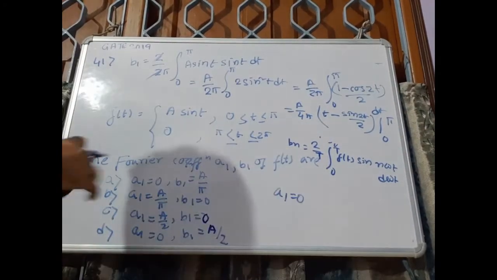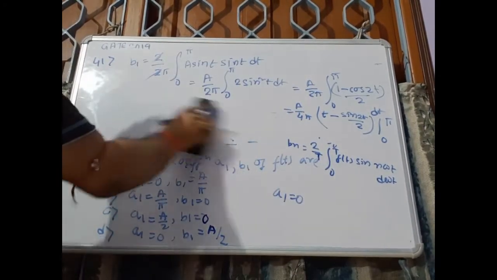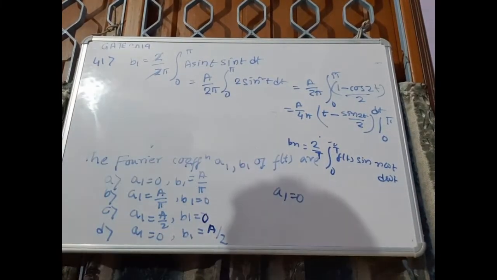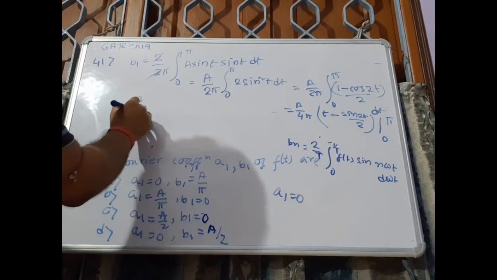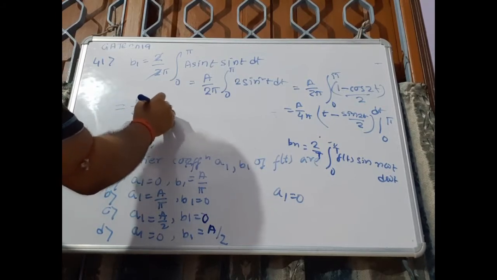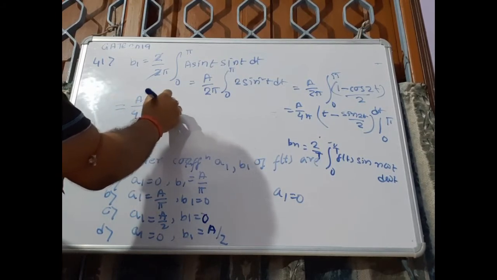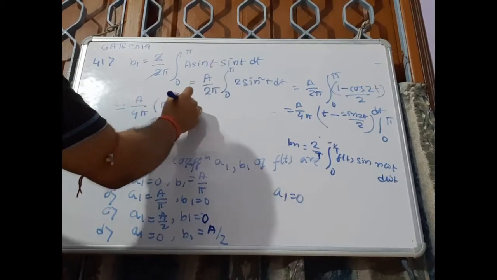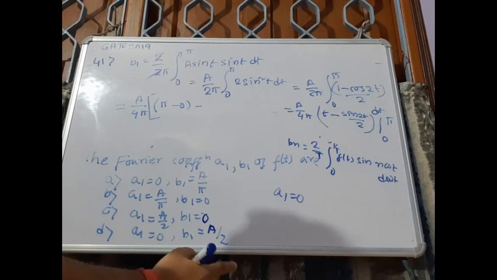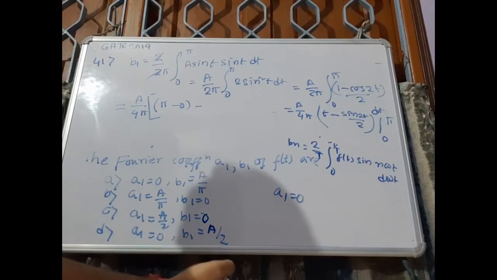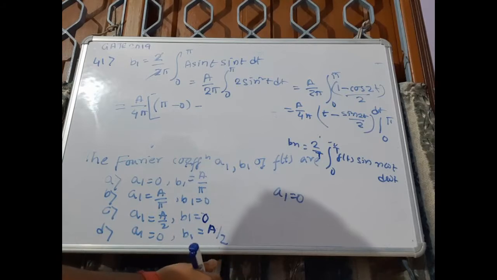Now if I put in the values, this will be a divided by 4 pi, and for t it is pi minus 0, and minus sine twice pi is 0.